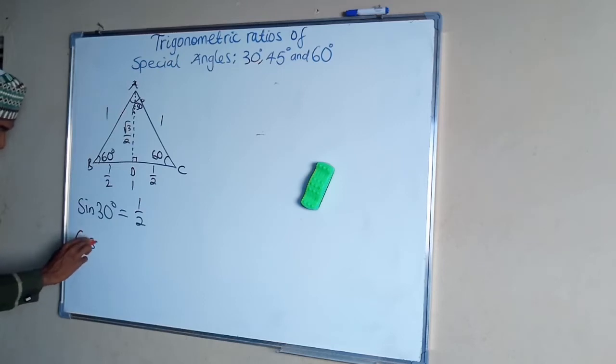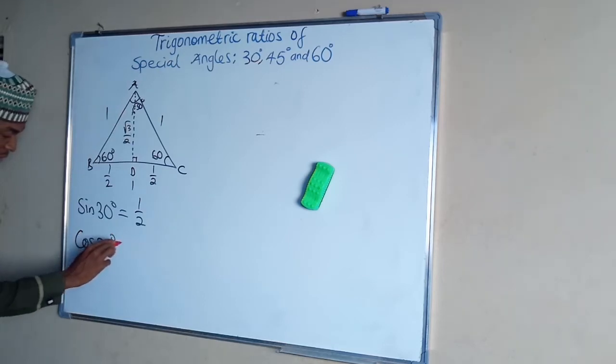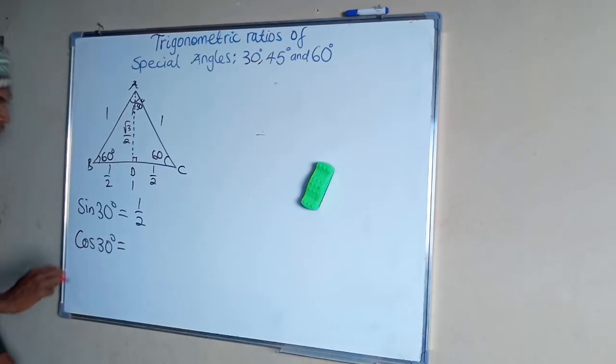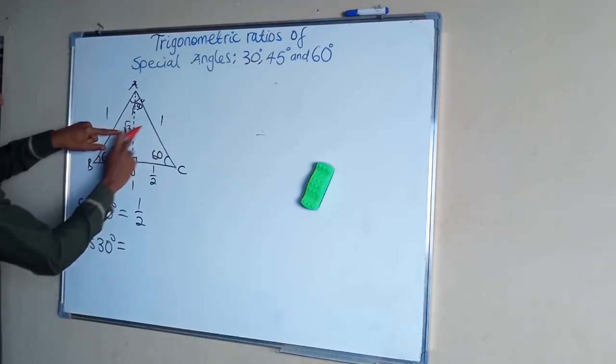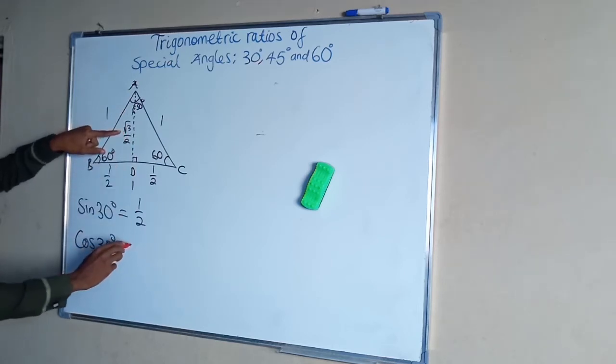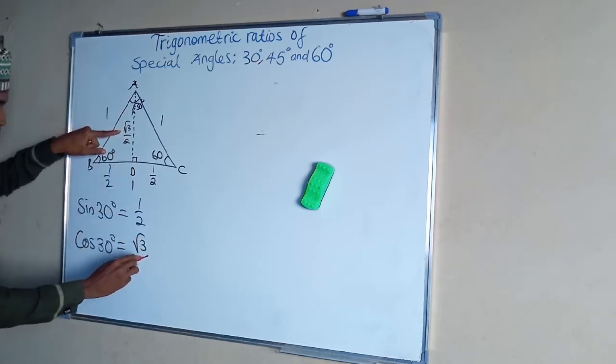Then cos 30 degrees is adjacent divided by hypotenuse. This is the adjacent and this is the hypotenuse, and it will not change this number, so it remains root 3 divided by 2.